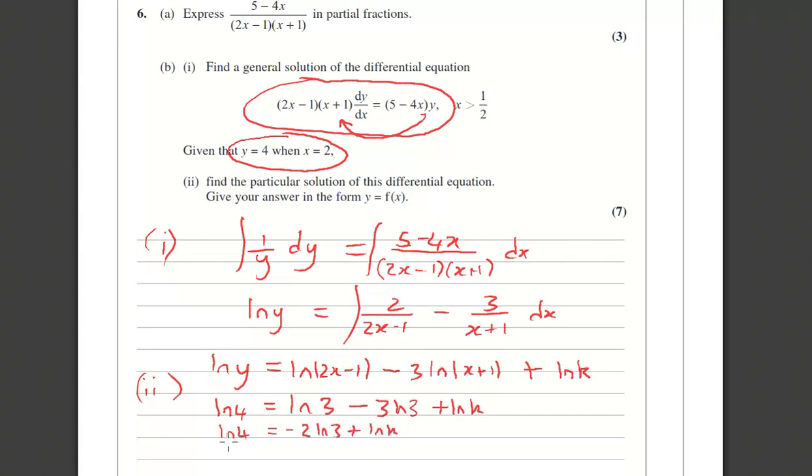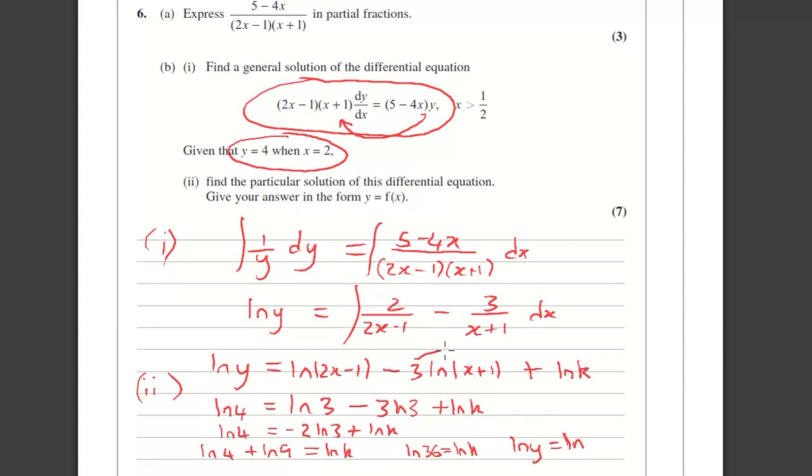Personally, I'm going to shove that 2 ln 3 over, and I'm going to make it ln 4 plus, and let's make it ln 9 equals ln k. And then you can see, I hope, that k is 36, because ln 4 plus ln 9 is ln 36. So we get ln 36 is ln k. And hence, ln y equals, now let's put those two lns together, because we can certainly write them together.